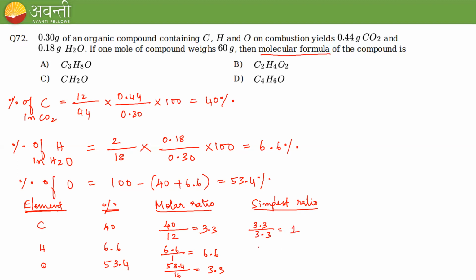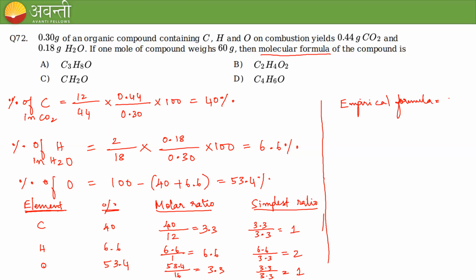It will give you 1 here, and 6.6 divided by 3.3 will give 2, and 3.3 divided by 3.3 gives 1. So from this calculation, the empirical formula is found out to be C1H2O1.